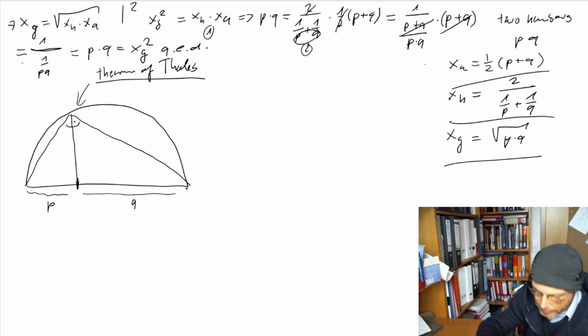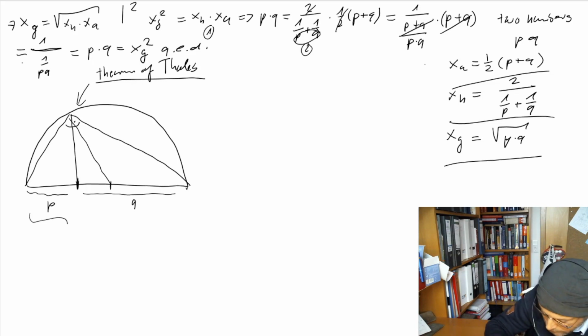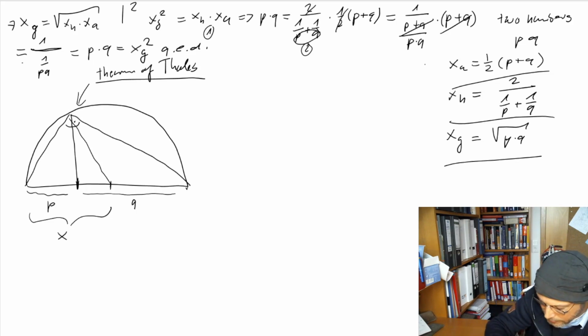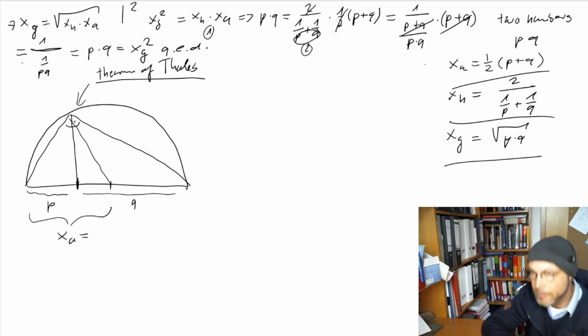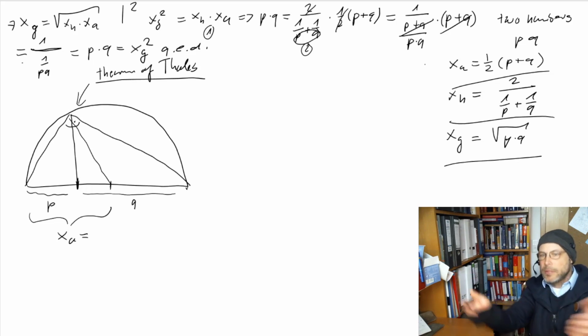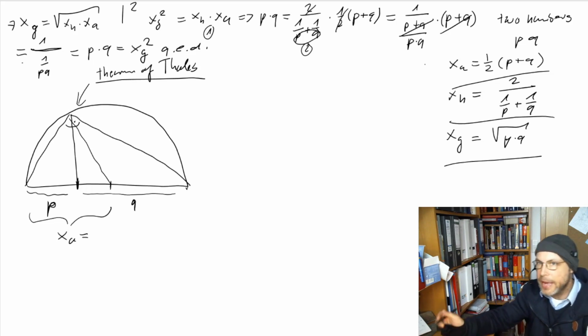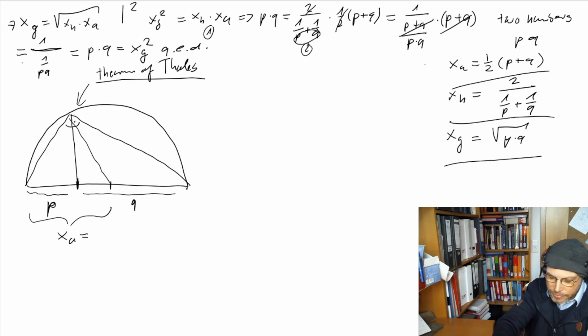Okay, if this is the midpoint of our circle, then of course this line here has to be xa. This is just the middle of our circle. If p plus q is the diameter of the circle, then of course xa has to be 1/2 p plus q.